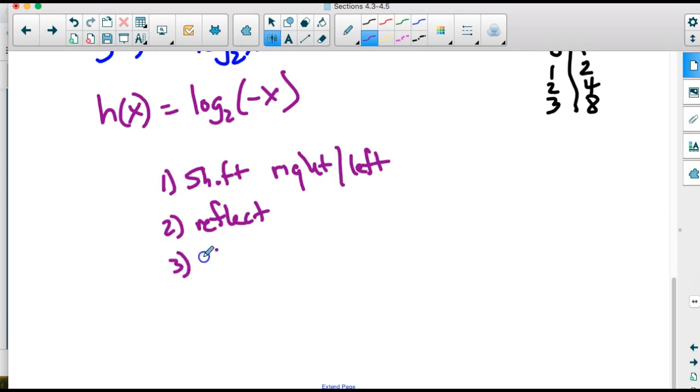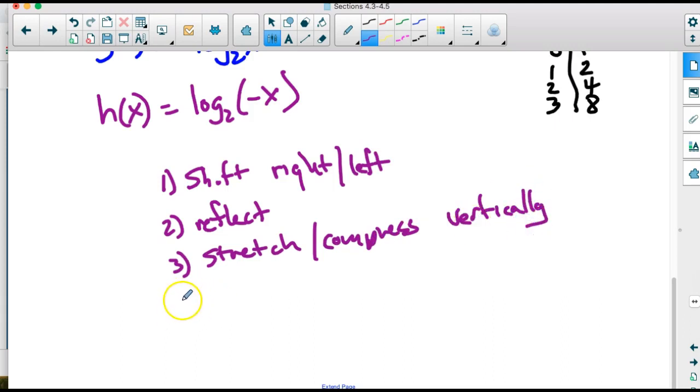Then you would stretch or compress vertically. And then after that we shift up or down. So this is the order that you would go in.